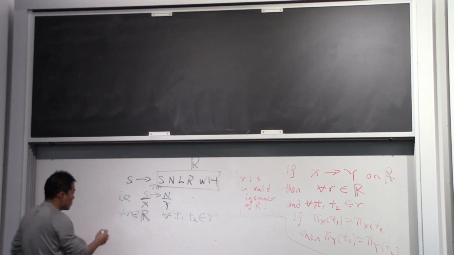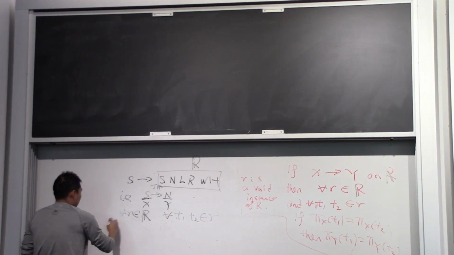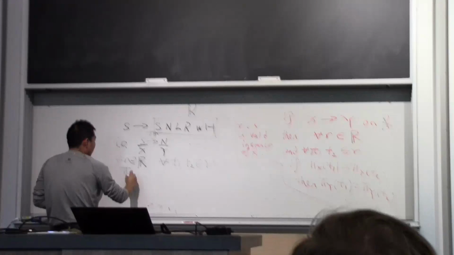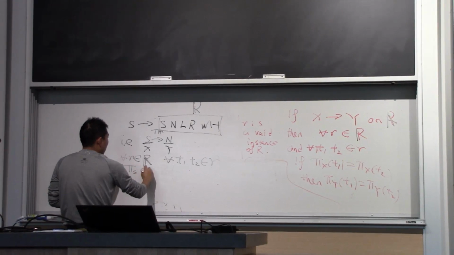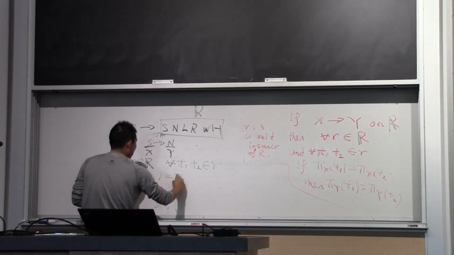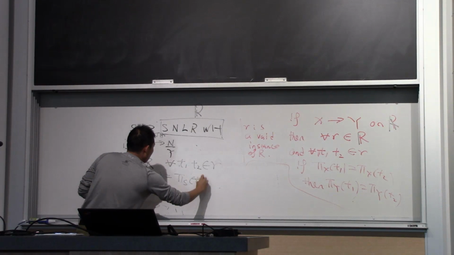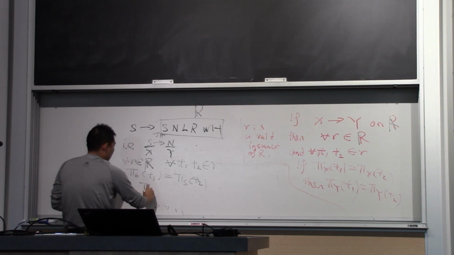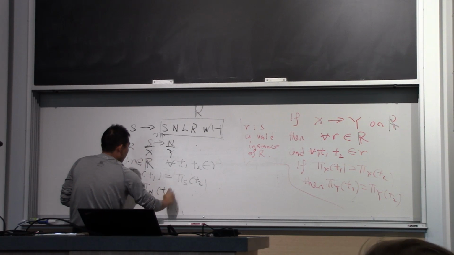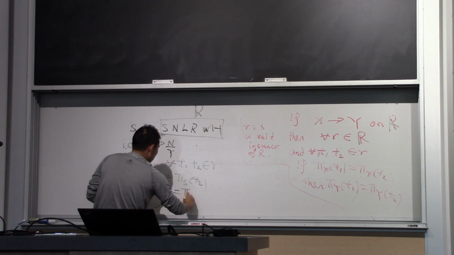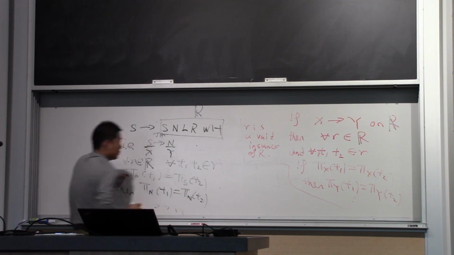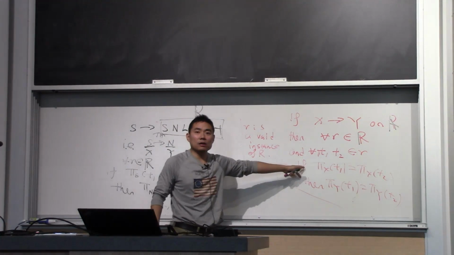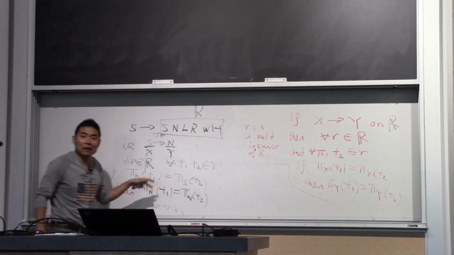And what I'm about to show you is that if the projection of S of T1 equals the projection of S of T2, then the projection of N of T1 must equal the projection of N of T2. So that's just copying the definition of functional dependency and applying it to this particular instance.